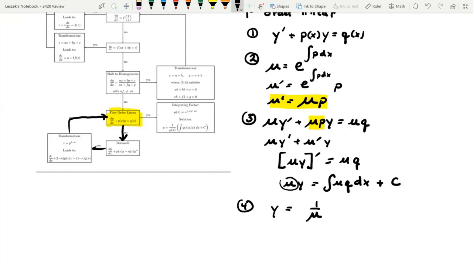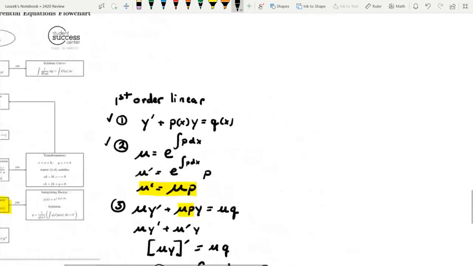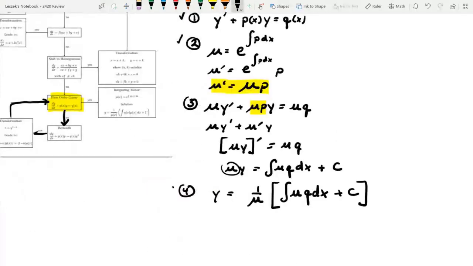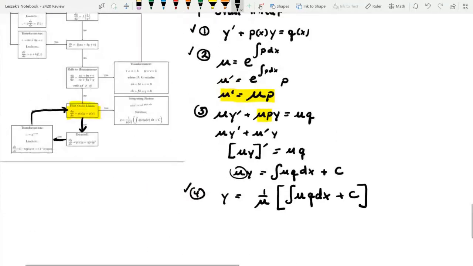You have to divide by mu over here, and then you have to find the antiderivative of integrating factor times q, and don't forget the c, the constant. So standard conventional form, identify p correctly, compute the integrating factor, and at the end of the day, unless you want to go through the process of step 3, you can, or maybe your grader expects you to, I don't know, step 4.